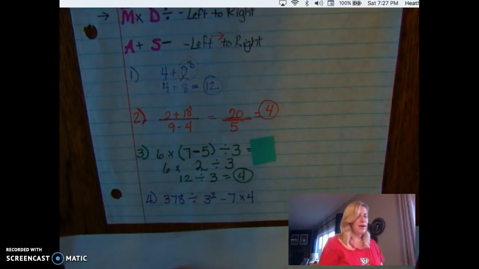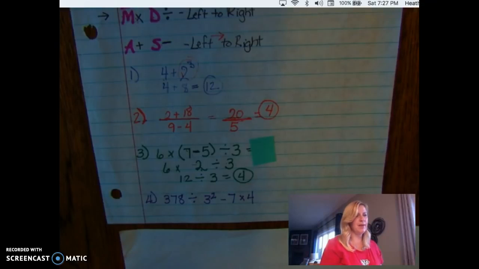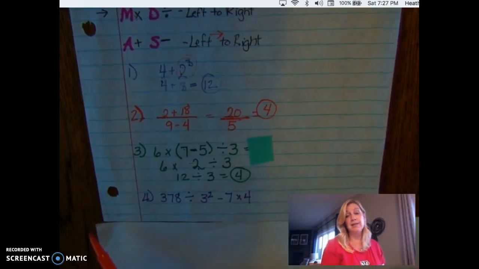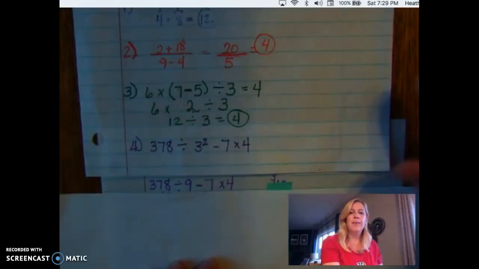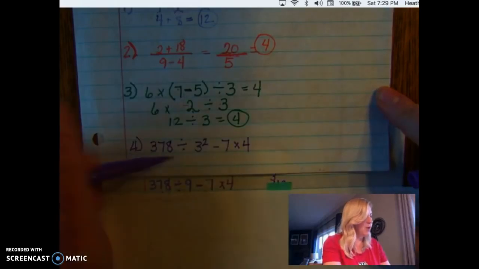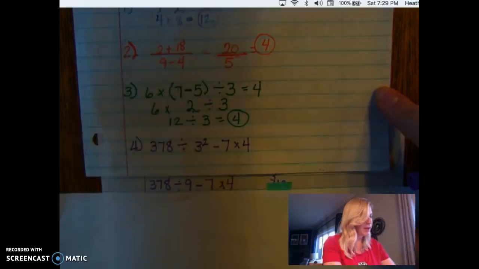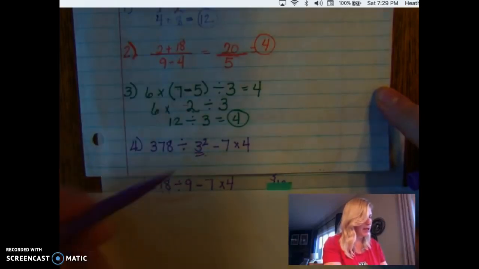So I've got another one written here, and I'm hoping that you can put me on pause, and then I'll have the work available for you right after you unpause me. I'm going to reveal my work right now. So I went up here and I didn't see any grouping symbols, so that part of the battle plan is over. But then I went to exponents and I saw one right here.